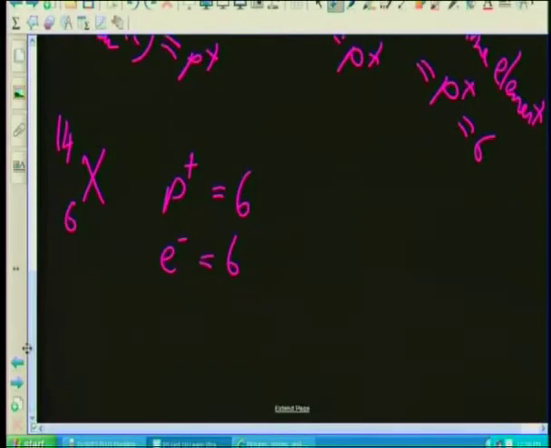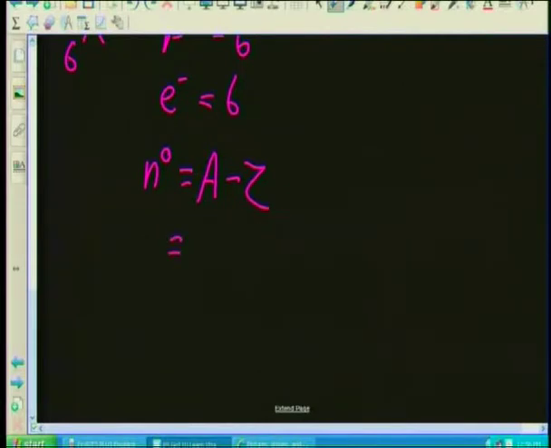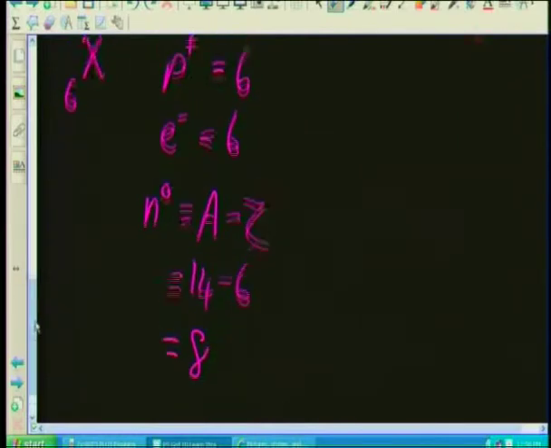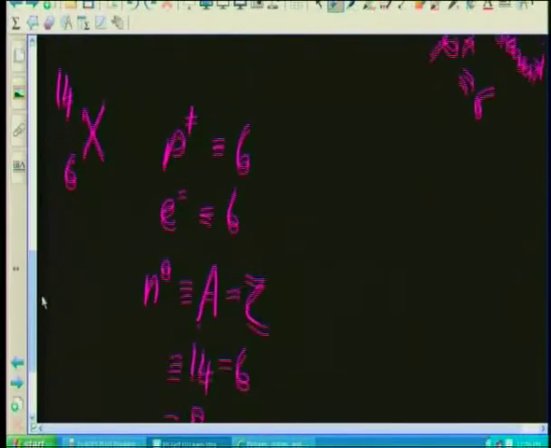We know the number of protons, and we know what the number of protons and neutrons is equal to. It's 14. So the number of neutrons is equal to the mass number minus the number of protons, the atomic number. In this case, 14 minus 6 gives us 8 neutrons. Got it? Hope so.